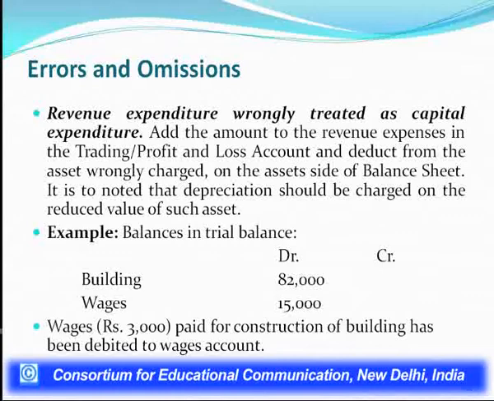In this case, the amount which has been wrongly treated as capital expenditure shall be deducted from the asset, and it will be shown on the debit side of the profit and loss account or the debit side of the trading account, as the case may be. Like in the case of wages, it will be shown on the debit side of the trading account, and if it is salaries or any other expenditure, that will be shown on the debit side of the profit and loss account. So here we take an example.